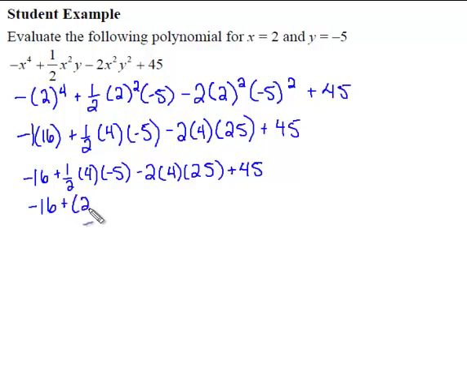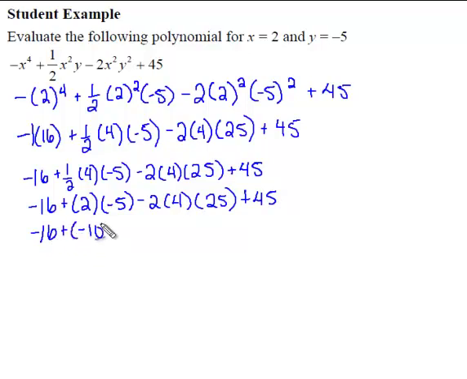1/2 times 4 is 2. Write out the rest. The next multiplication we have is 2 times -5. That's -10. Writing out the rest.